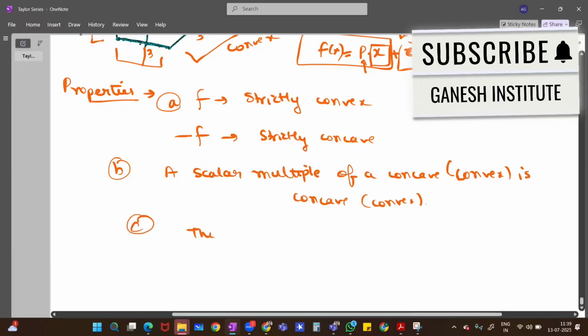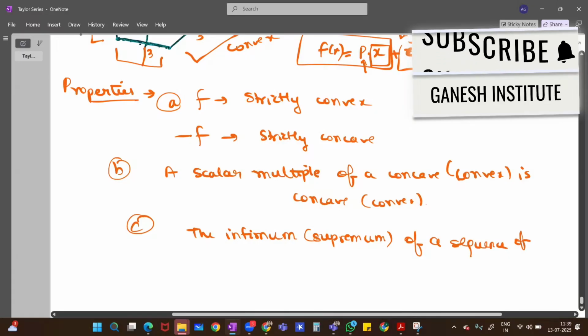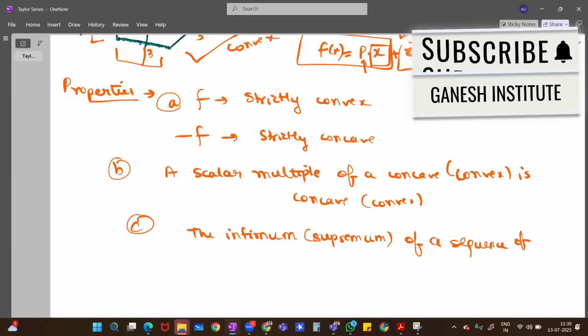Tell me, if you have infimum or supremum of a function, what is infimum? Ma'am, is it the infinite value of the minimum? Correct.